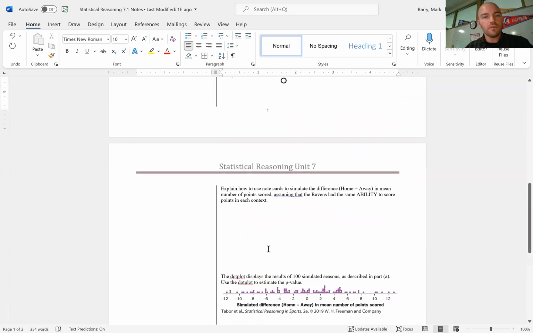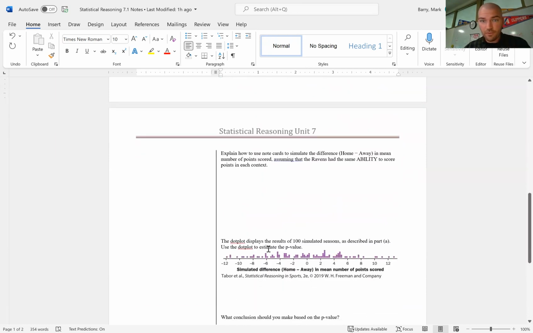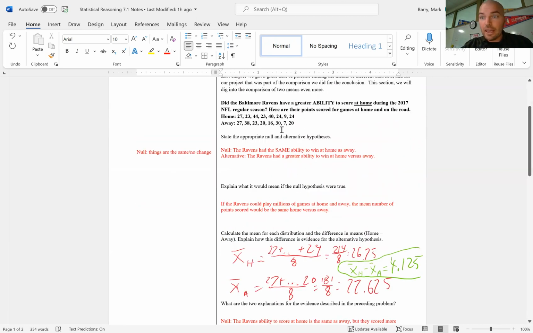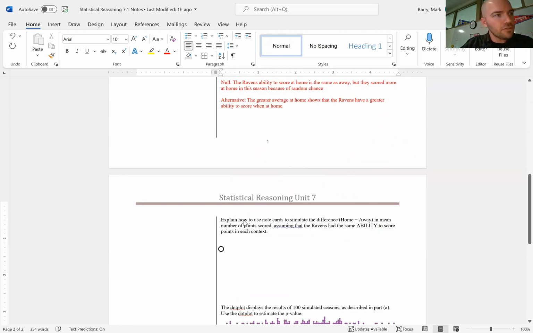Okay, next thing we're going to do, which we kind of did before as well: explain how to use note cards to simulate the difference, home minus away, in mean number of points scored, assuming the Ravens had the same ability to score in each context. Since they played 16 games, 8 home and 8 away, using 16 note cards, one for all the games, I would label each card with one of the 16 values for points scored.